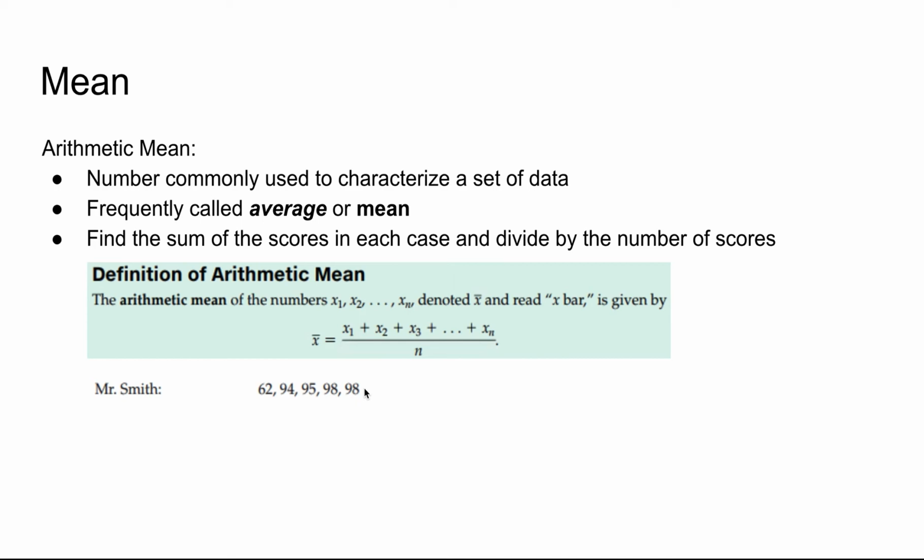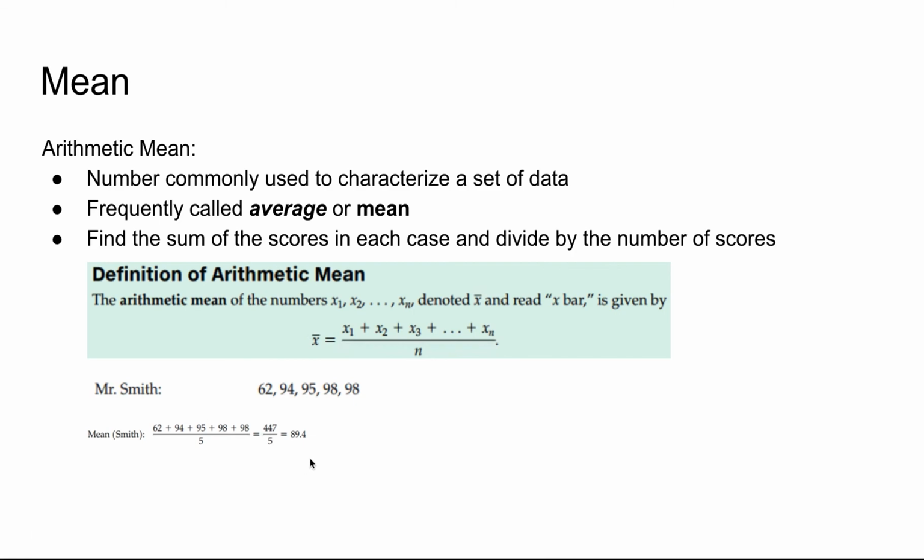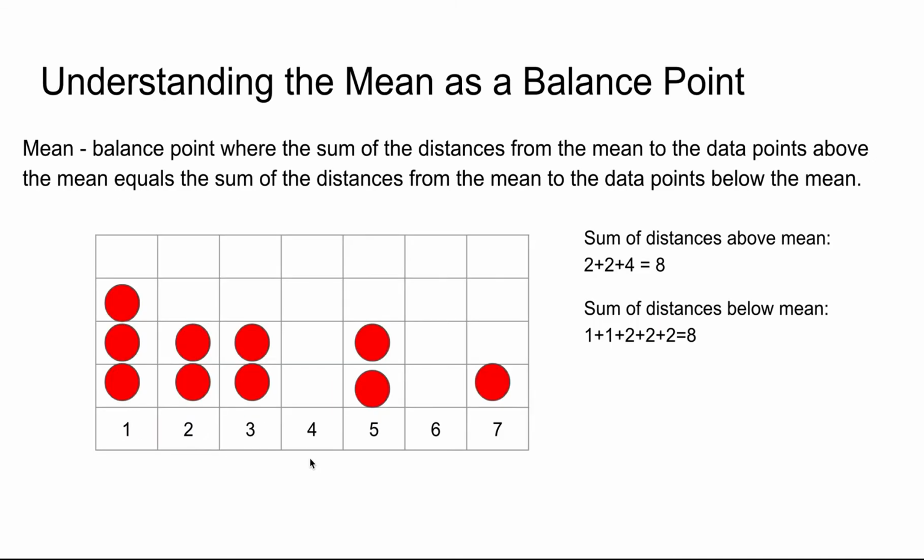What is your average in Mr. Smith's class? How do you find it? You can add these together. You're gonna find the sum of these 1, 2, 3, 4, 5 values. Then you're gonna get 447, and then you're gonna divide that by how many tests were there? 5. 447 divided by 5. Okay, so this is your mean score of the test in Mr. Smith's class. So that's how you find the mean.